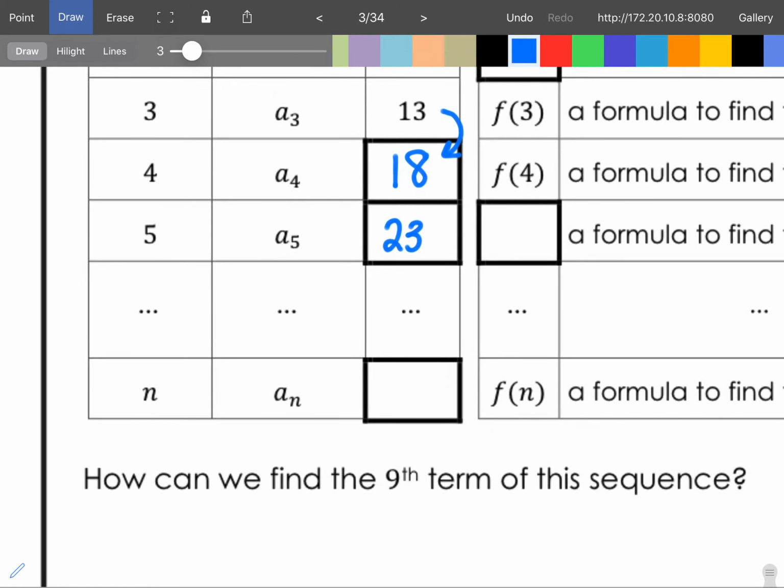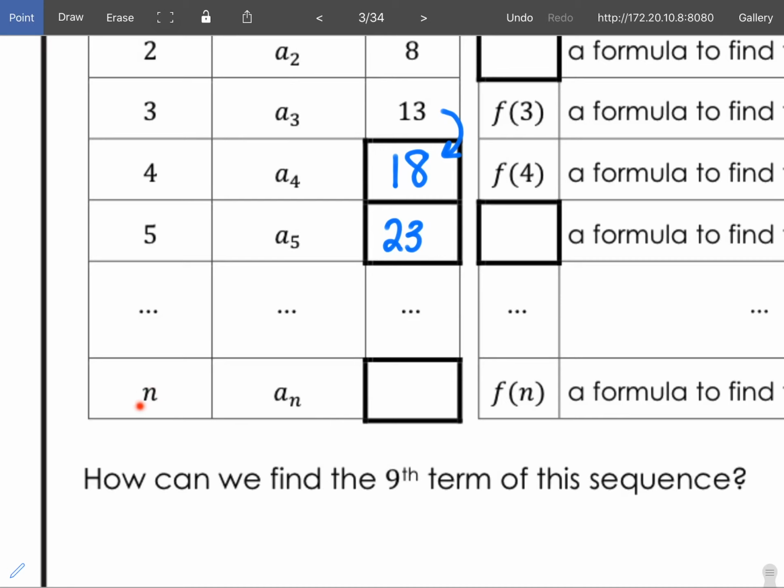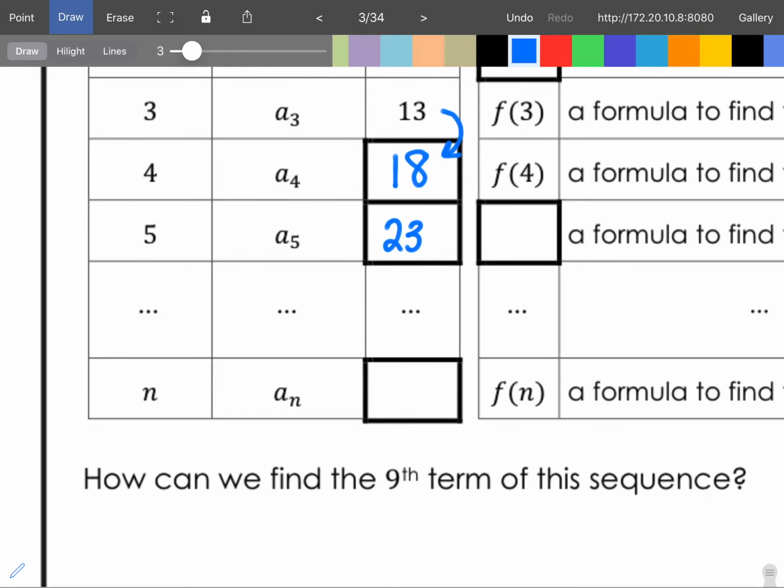If we look at this, this is our term number. Because it goes on and on, if we say that n represents any term number, then a sub n represents that term. If we wanted to find out what it would be, we would look at the previous term and then add 5. So this would be written as a sub n minus 1, meaning the term you're looking at minus 1 to give you the previous term, plus 5.